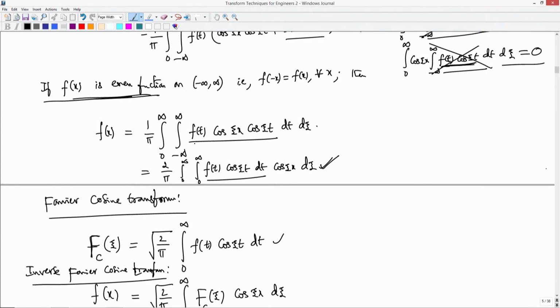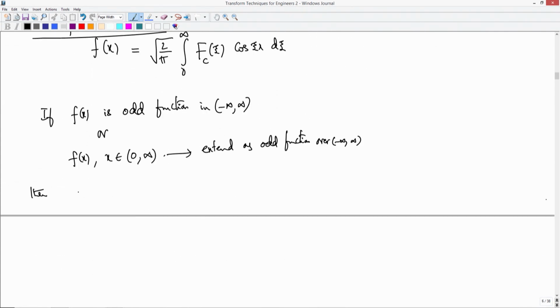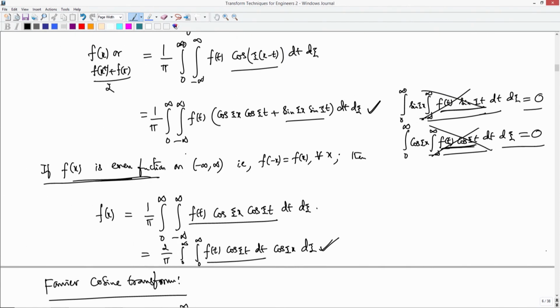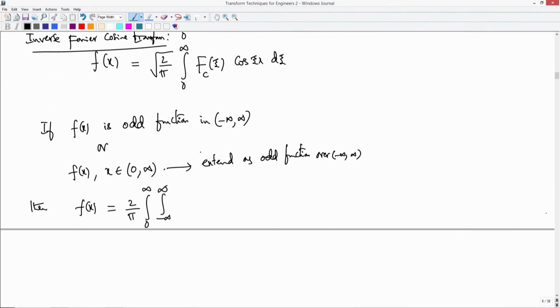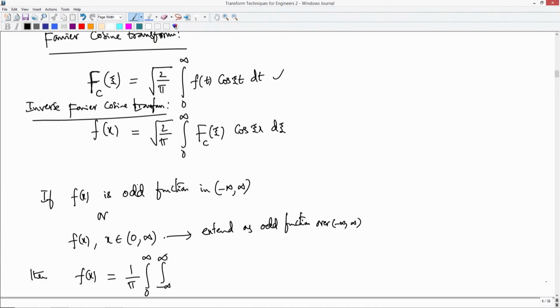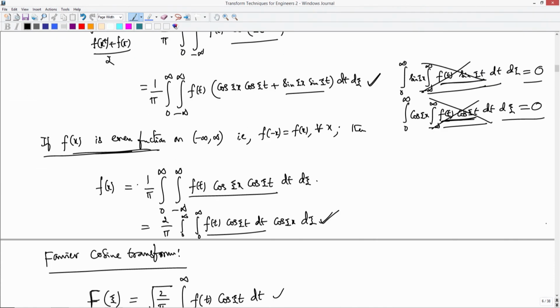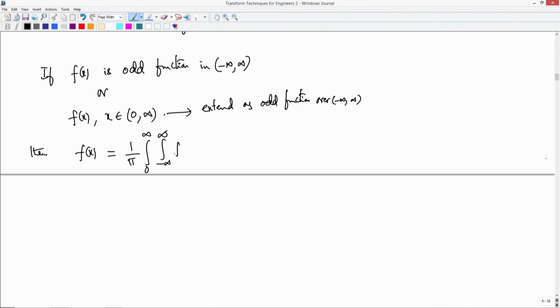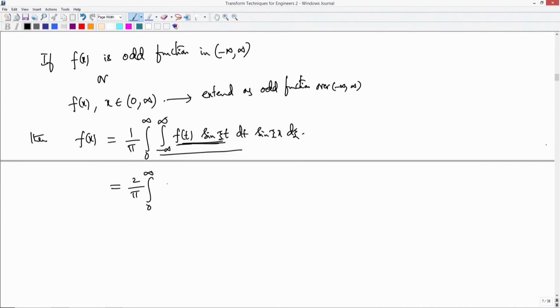So if f is an odd function, from the Fourier integral theorem we can write f(x), or its average, as 1 by pi, it is 1 by pi, not 2 by pi, the integral from 0 to infinity of the integral of f(t) sin(xi t) dt times sin(xi x) d xi.